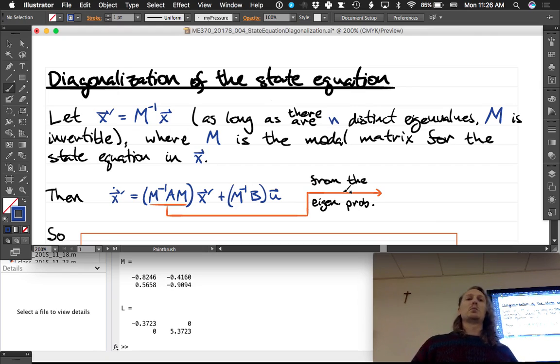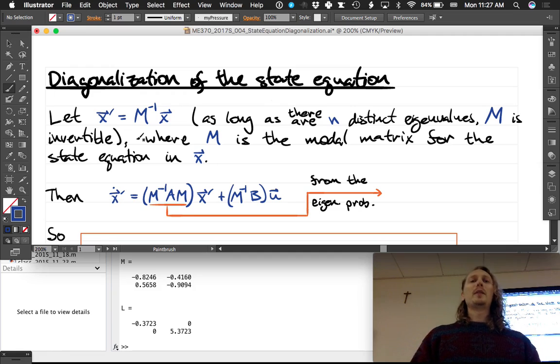That was just using M as our P transformation. As long as there are n distinct eigenvalues, M is invertible. We are going to use only that situation. In this class, we're not going to consider the possibility where there are not n distinct eigenvalues. It's not that hard to deal with, but it's just one more thing.